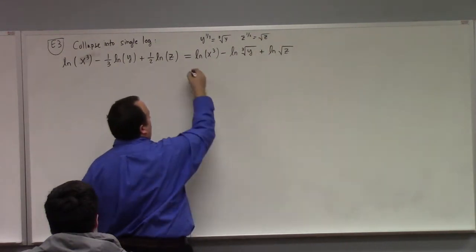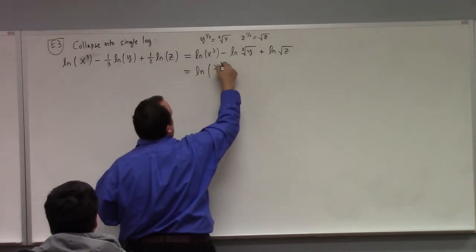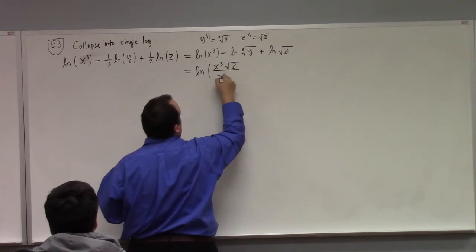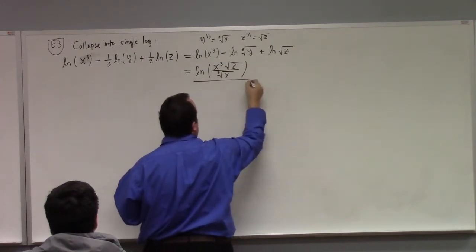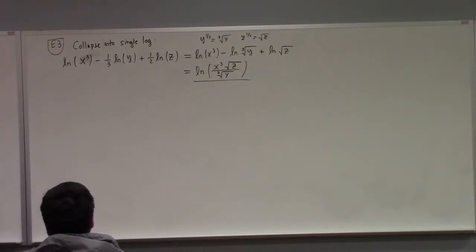And then I go ahead and collapse. So we've got log of x cubed times the square root of z divided by the cube root of y. And there you go. That's the problem of collapsing a logarithm, right? Combining multiple logarithms into a single logarithm by applying systematically log laws 1, 2, and 3.